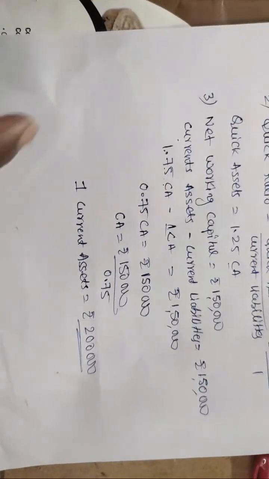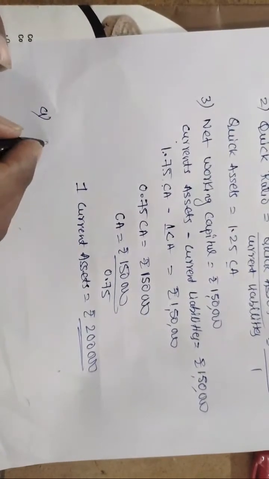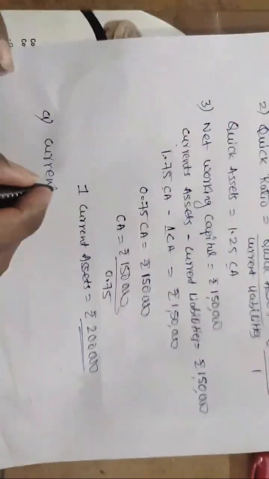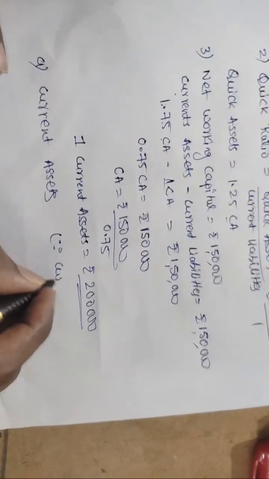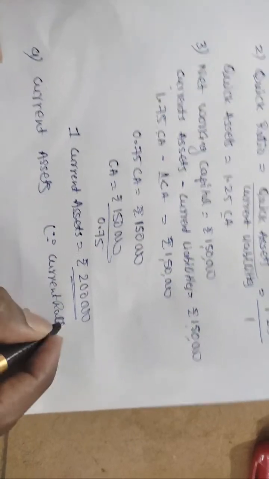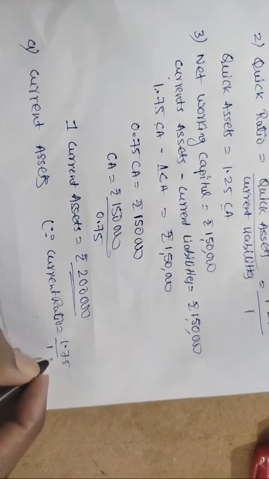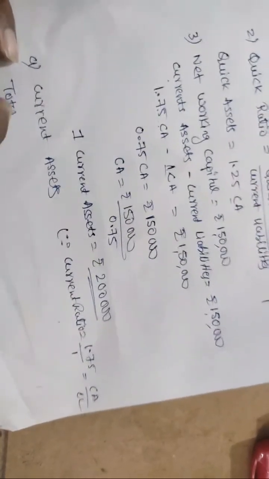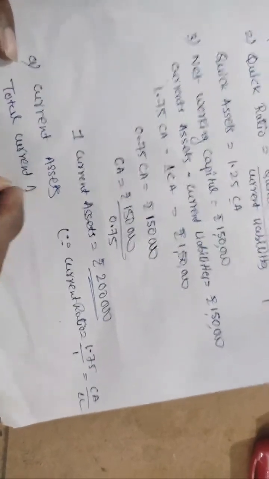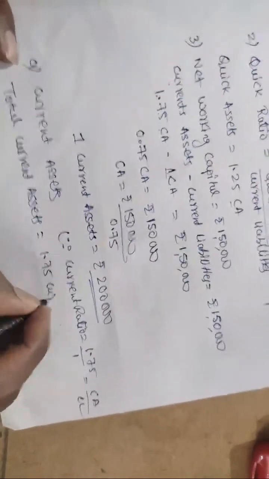Now we need to find out current assets. Since current ratio equals 1.75 divided by 1, that is current assets divided by current liabilities, total current assets equals 1.75 current liabilities.